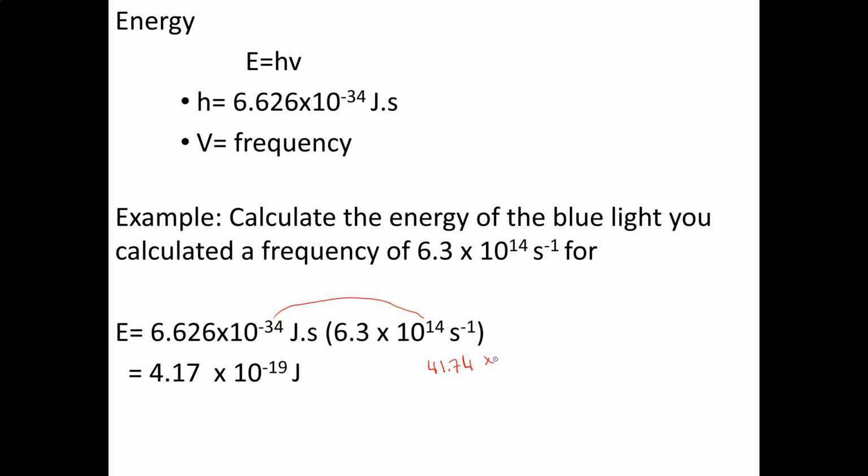So that's going to give me times 10 to the negative 20th power, because negative 34 plus 14 gives me negative 20. Now all I have to do is put it in scientific notation, ones to the left, remember. So 4.17 times 10, because you move the decimal to the left, your exponent goes up by 1. So negative 19, and there's your joules.